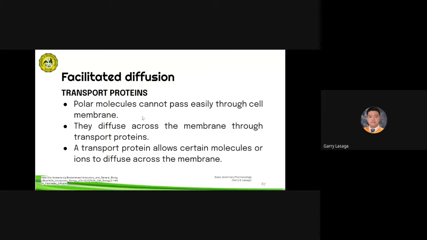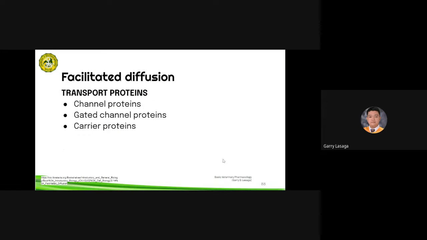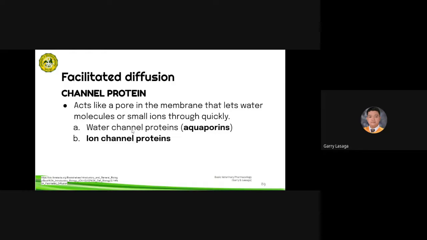Polar molecules cannot pass readily through the cell membrane and they diffuse across the membrane through transport proteins. A transport protein allows certain molecules or ions to diffuse across the membrane. We have different types of transport proteins. In facilitated diffusion, we have the channel protein, the gated channel protein, and the carrier proteins.